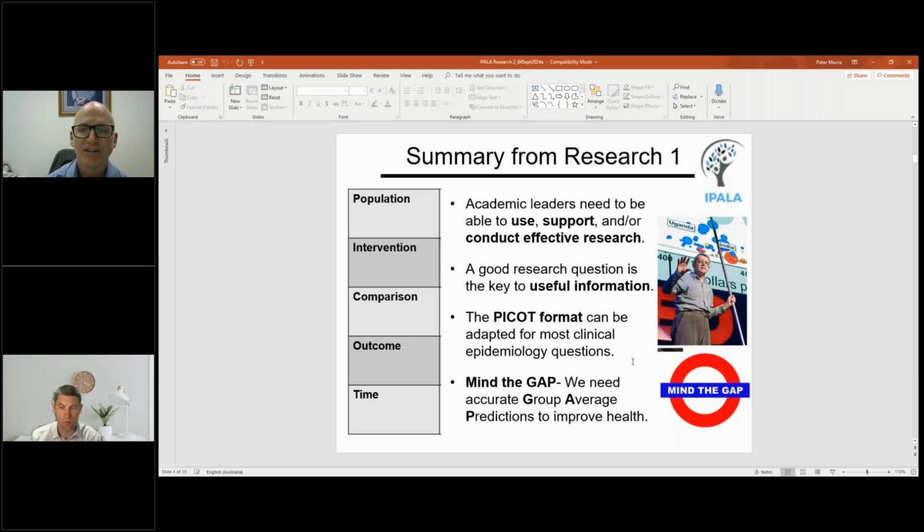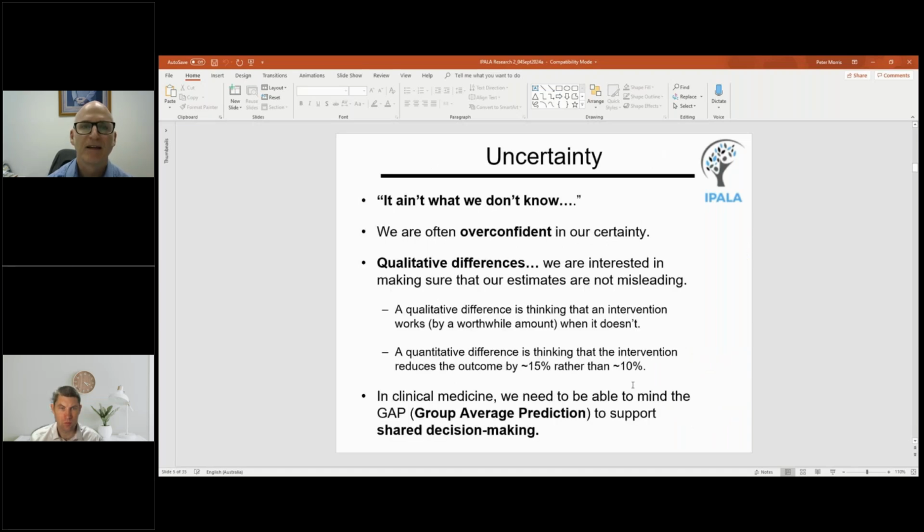The PICO format is flexible and can be adapted to most clinical questions. We're really interested in getting information that can help us make predictions about groups of people that we can use to then improve health.